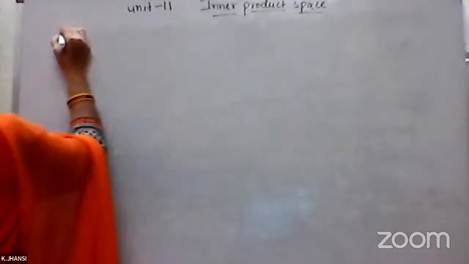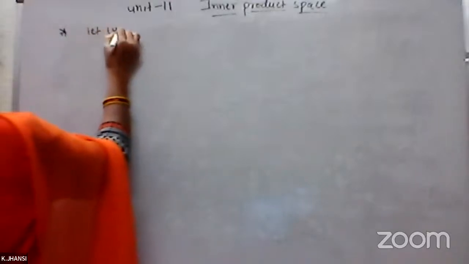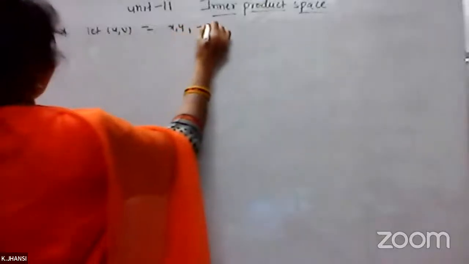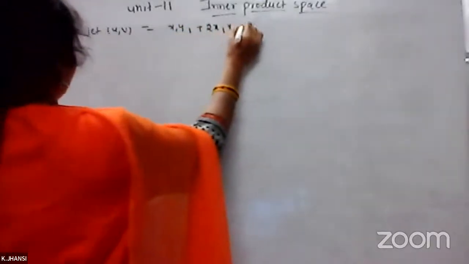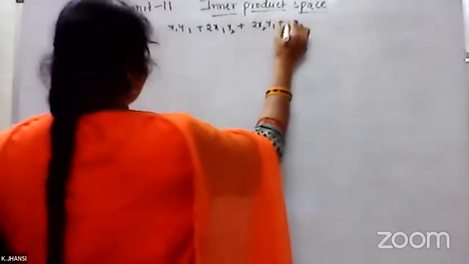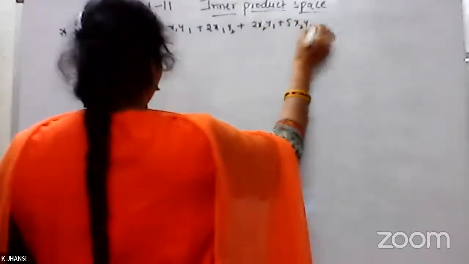The question will be like this: let <u, v> equal x1 y1 plus 2 x1 y2 plus 2 x2 y1 plus 5 x2 y2.